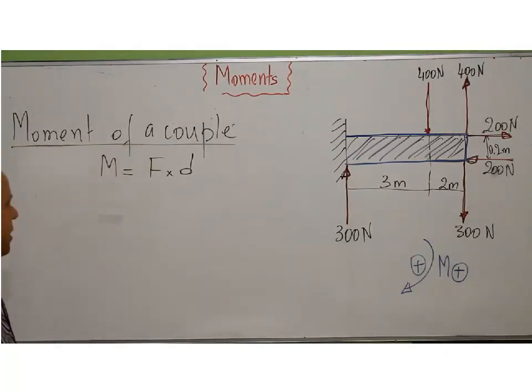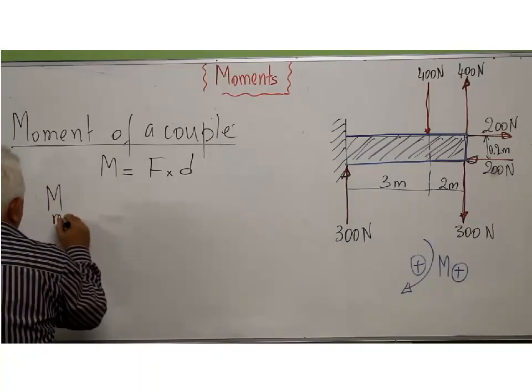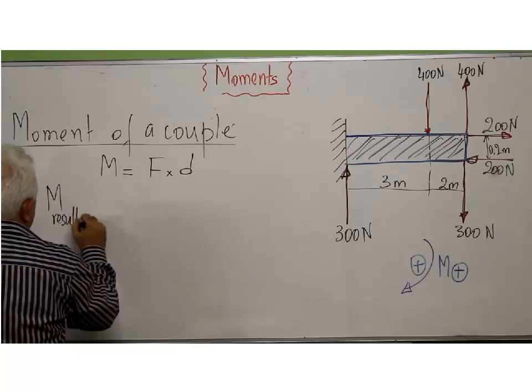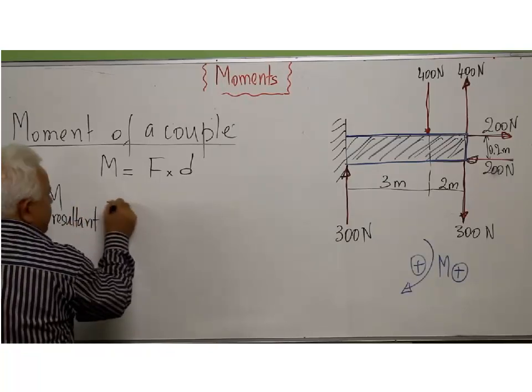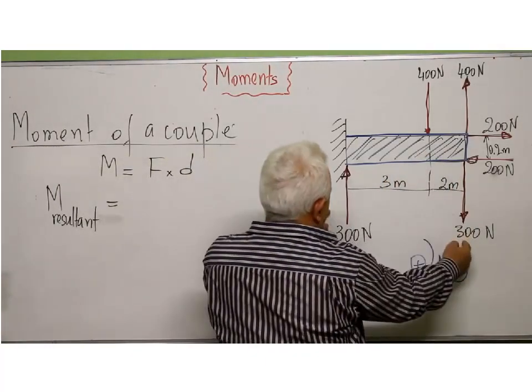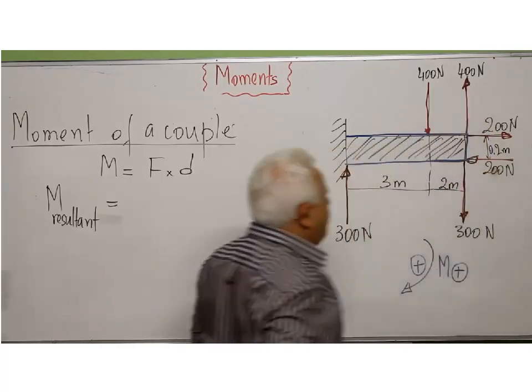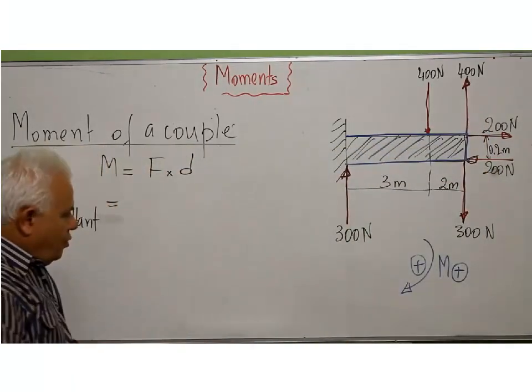So let's start. We have the moment resultant of these three couples. I've got this first couple of 300, second couple 400, and the third couple is 200.